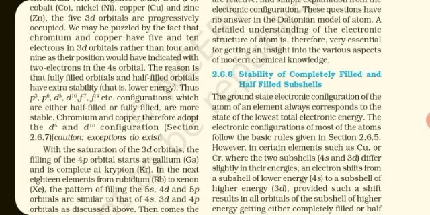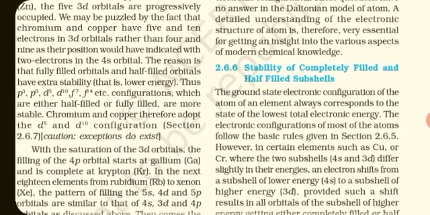Therefore p3, p6, d5, d10, f7, f14 etc. configurations, which are either half filled or fully filled, are more stable. So chromium 24 and copper 29 adopt 3d5 and 3d10 configurations. So these are the exceptions that do exist to the electronic configuration rule.